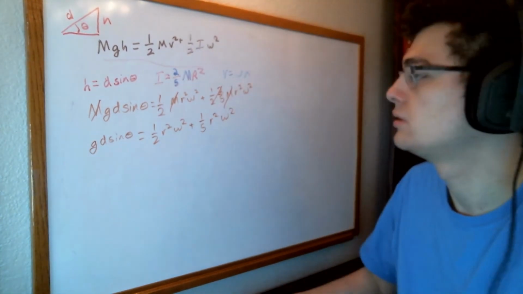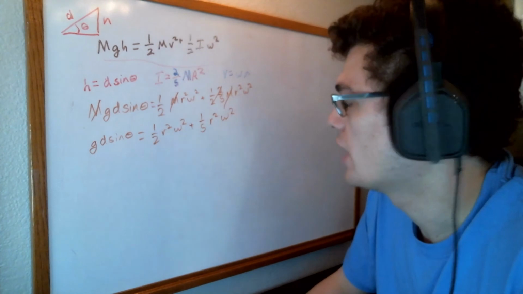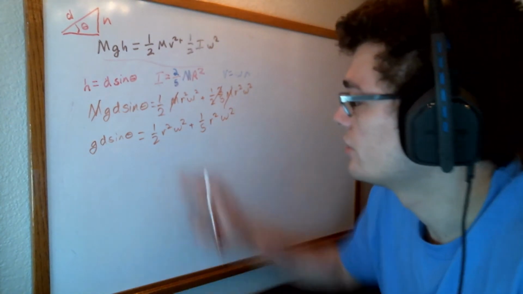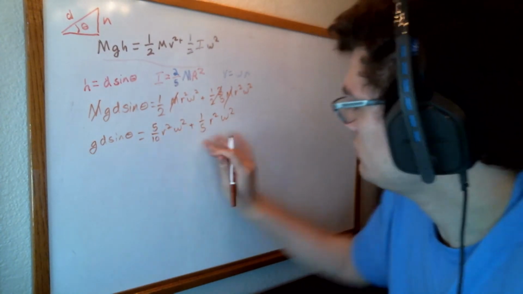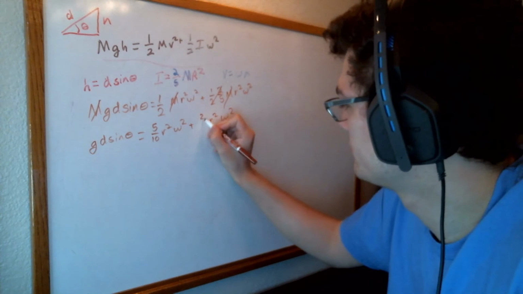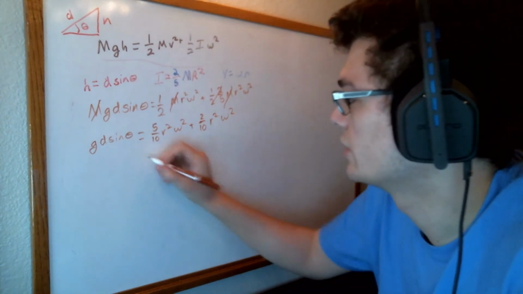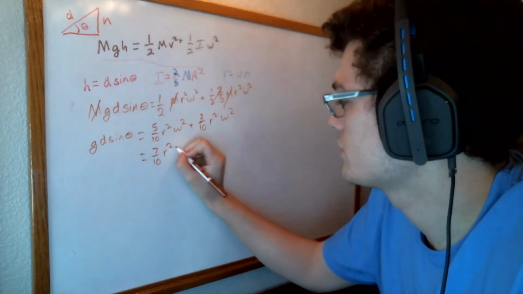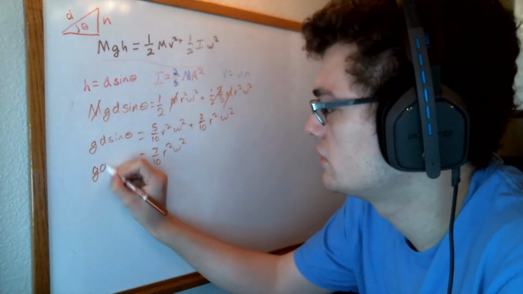And from here, we can combine these two terms. We have to find a common factor, and I believe this one is going to be over 10. So this is going to be 5/10, and this will be 2/10. And so from here, we can say that this is equal to 7/10 r squared omega squared equals g d sine theta.